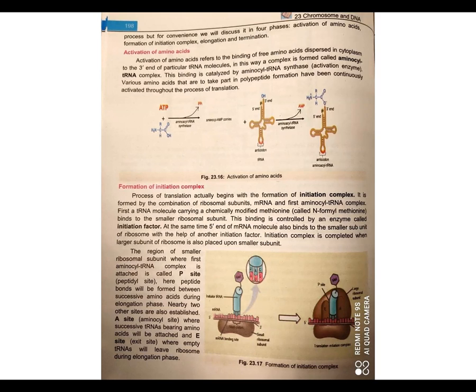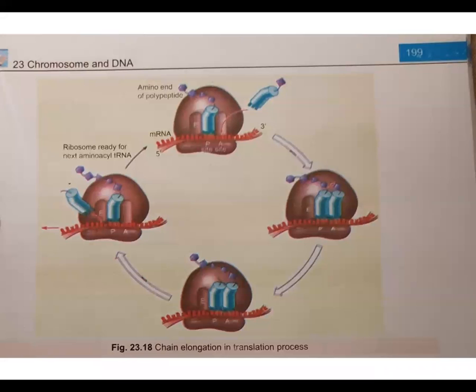Now let's talk about the chain elongation or the polypeptide elongation here. In this phase, ribosomal units move along messenger RNA. Amino acids are brought by tRNAs which are joined later to form a polypeptide chain.